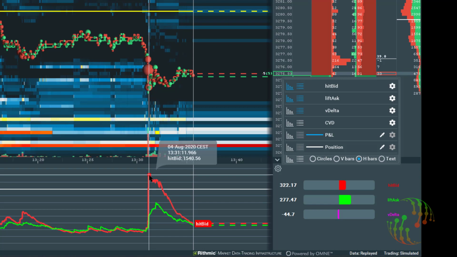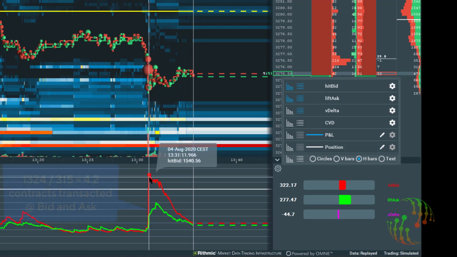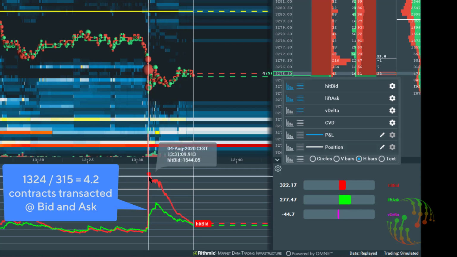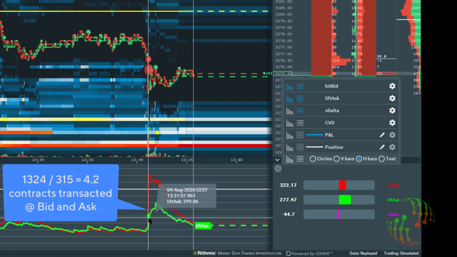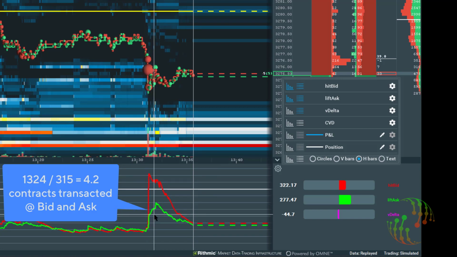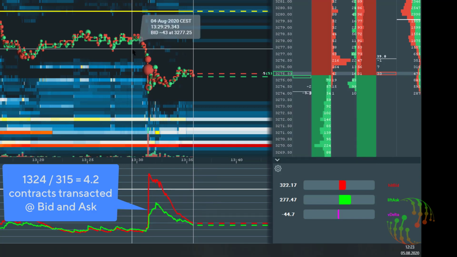As I said before, on this side there have been 1,324 contracts transacted on the hit bid and only 315 contracts transacted on the lift ask side. If you put both into a ratio, that means if you divide 1,324 by 315, you get a ratio of roughly 4, or 4.2 to be exact.